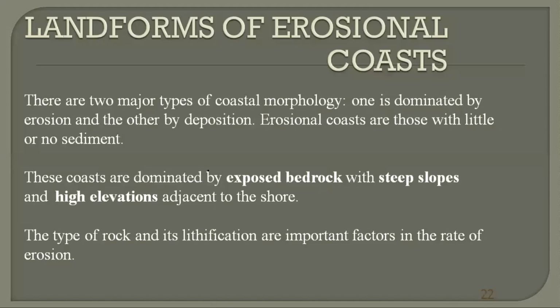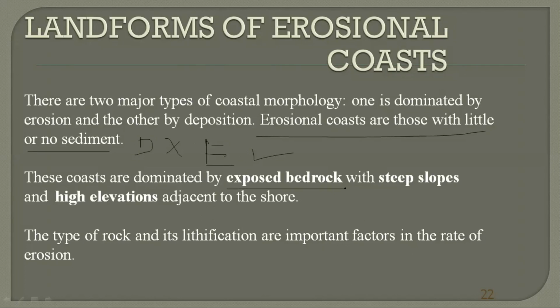Of the two major types of coastal landforms, as we have studied, erosional coasts are one of them, and erosional coasts are those with little or no sediments, as they are not meant for sedimentation or deposition. There is no deposition, there is more erosion. Erosion is dominant. How do they look?